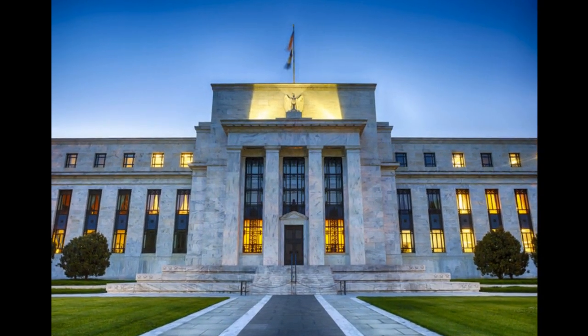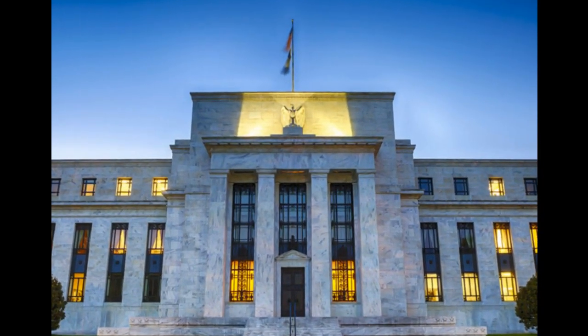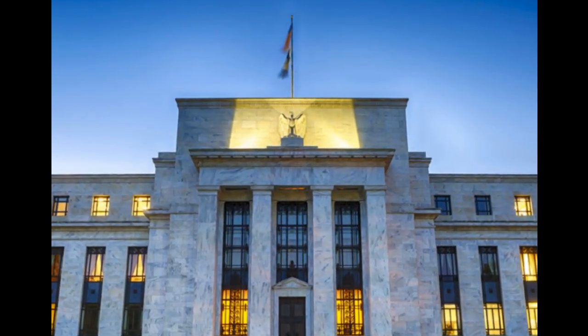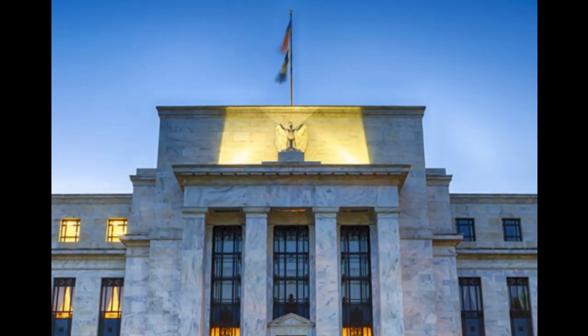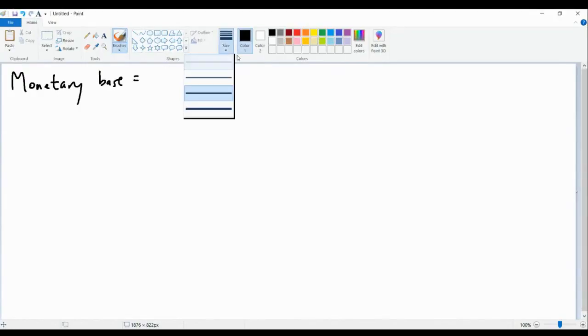Last week, we spent a lot of time talking about the monetary base, which the Fed controls, which is the funds that are in the reserve accounts plus all the currency.